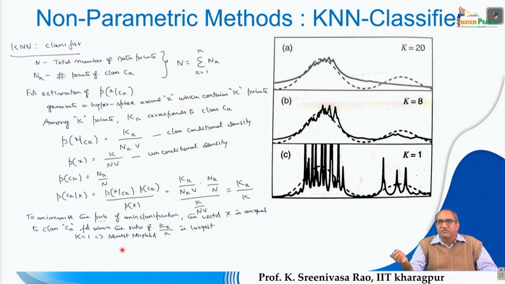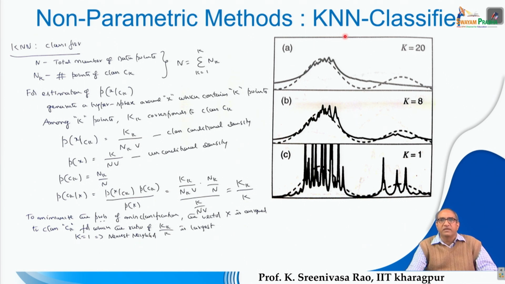Then we look at the data point closest to the test vector, the nearest data vector, and whatever the class of that data point is, that class label will be assigned to the given test vector. Because k equals 1, the class label of the data point nearest to the test vector is assigned to it, and that way the one nearest neighbor classifier can perform the classification as well.